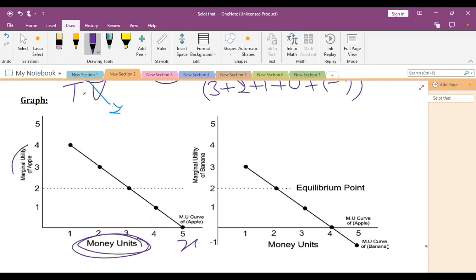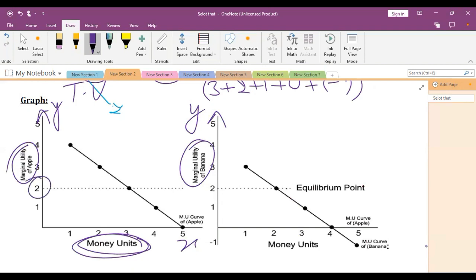We can also understand with the help of a diagram in which money units are taken on the x-axis while marginal utility of apple is taken on the y-axis. Similarly, bananas' utility is also taken on the y-axis. By plotting different points, we get these types of graph levels.